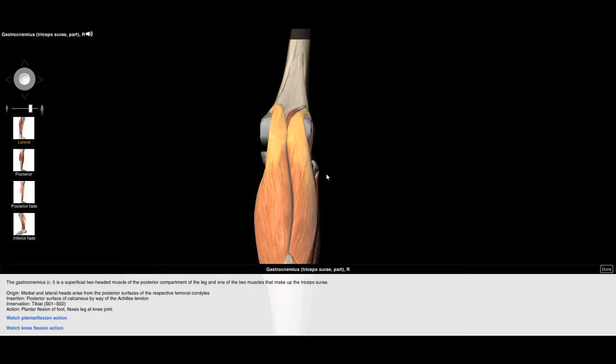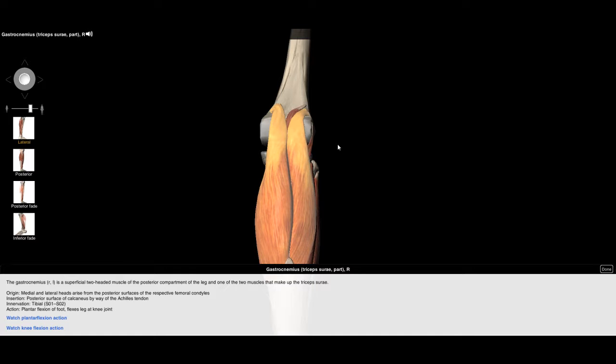Let's look at this orientation of the origin. We have the two heads that attach medial and lateral. So if I have a longitudinal axis coming through the femur, then I can see that I'm going to have a big rotary component of the medial and the lateral head.